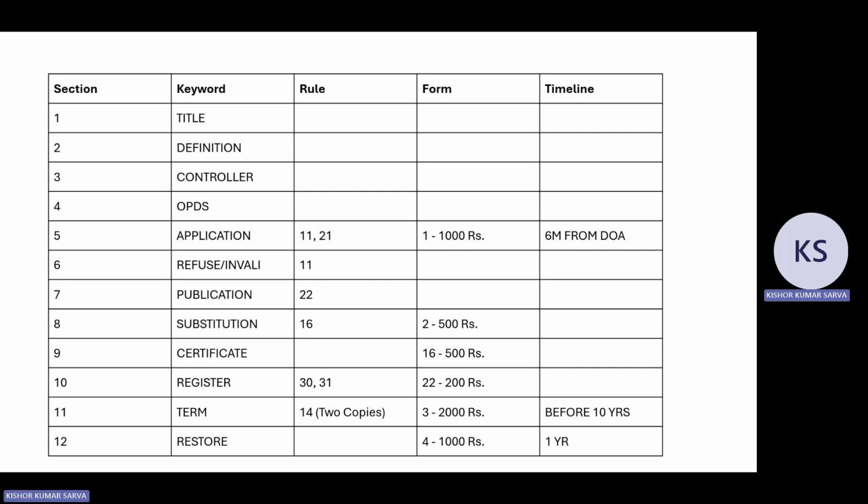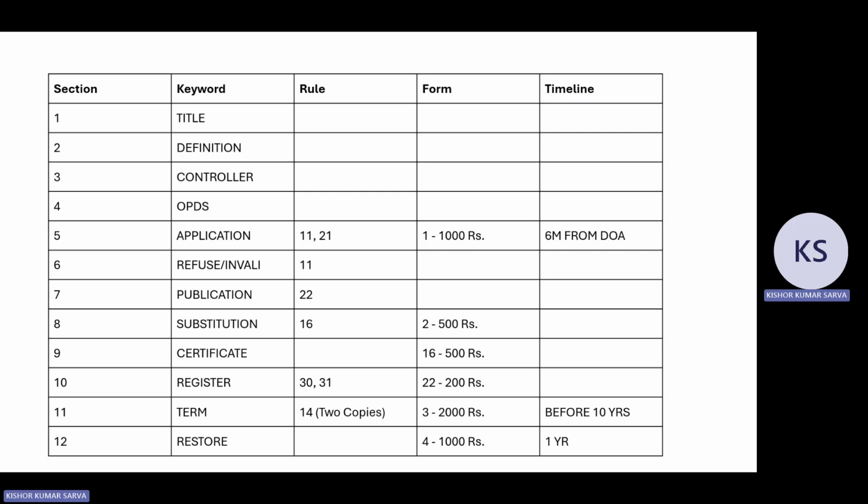If you fail to do it within 6 months, the application is considered abandoned. The fee for form 1 is 1,000 rupees, and 6 months from the date of application.